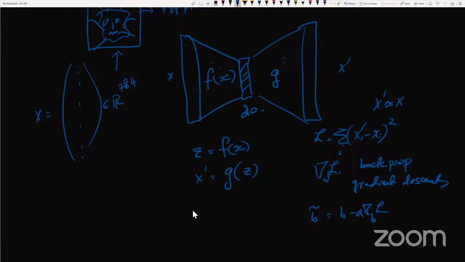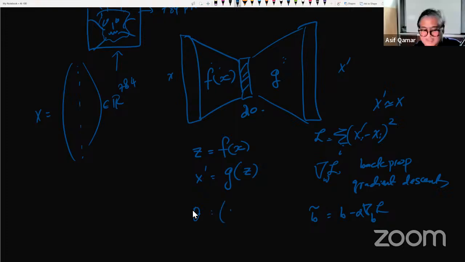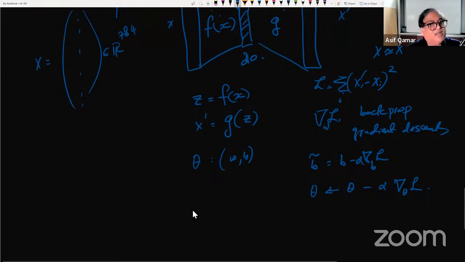That's why people often use the word theta, where theta is either weight or bias. You'll often see the formal definition of the update will be theta minus alpha times the gradient with respect to theta of the loss, where theta could be either the weight or the bias. So are we together here?